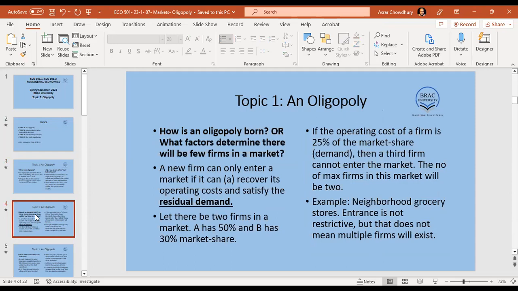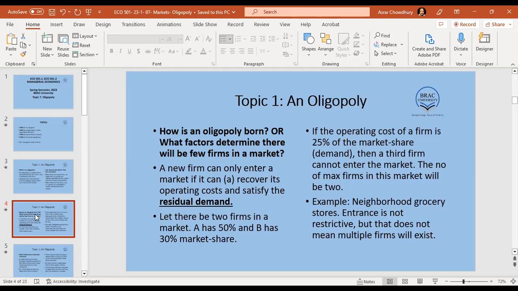So the first question we want to ask is, how is an oligopoly born? Or if we paraphrase this question, what factors determine that there will be few firms in a market? This is a very important observation. Now, I have not entered a market yet. I want to enter this market. So what do I want to see?